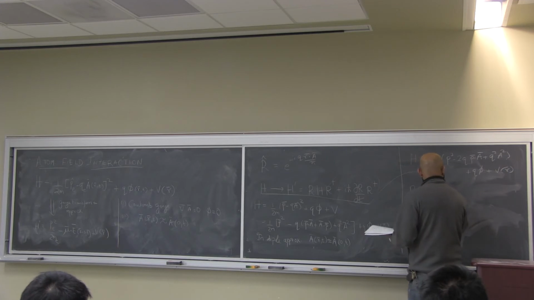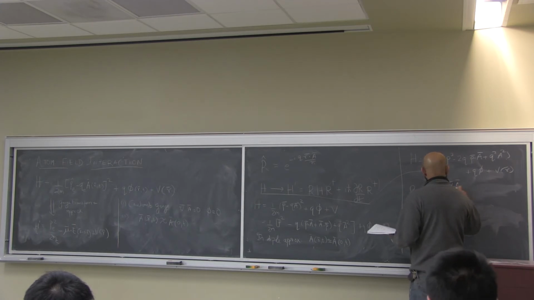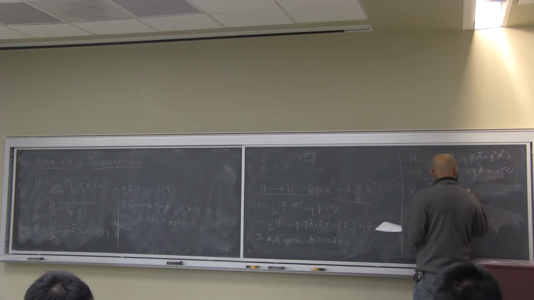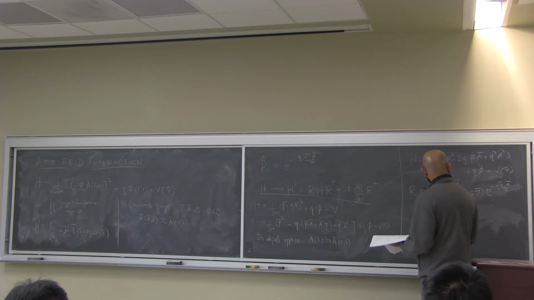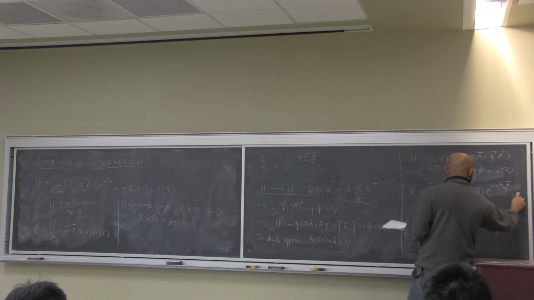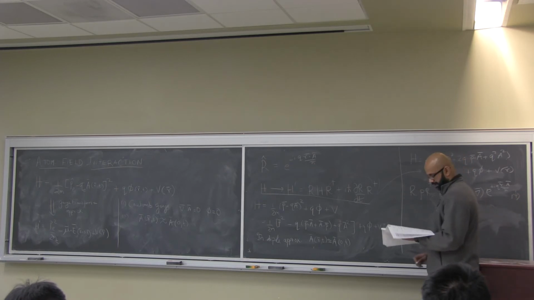So this term is e to the minus iQ R dot A over h bar times P, which is minus i h bar del, times e to the plus iQ R dot A over h bar. Okay? And first, it should be understood that all of this is operating on some psi, some state ket. So we are trying to find out what happens.